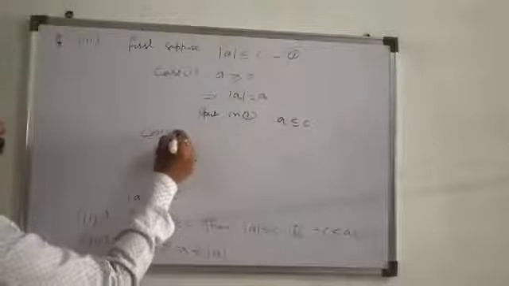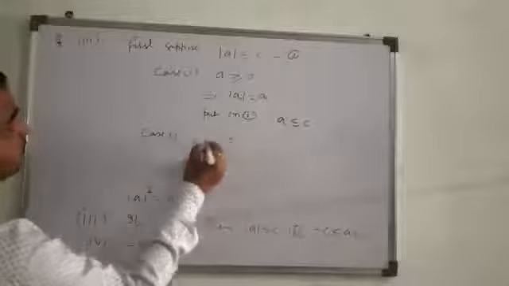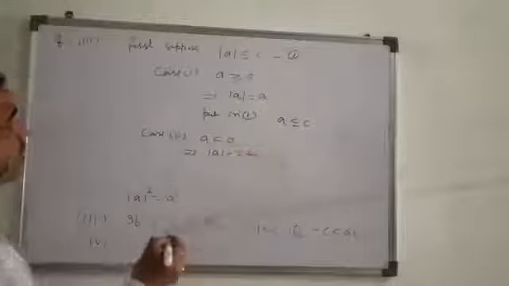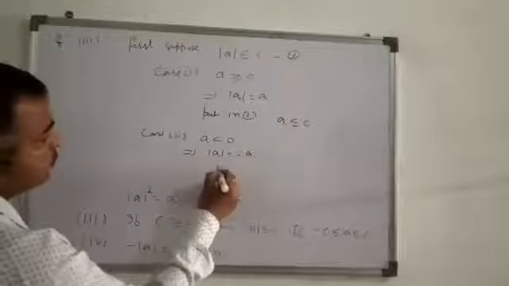Case 2, A negative. It implies mod of A is minus A. So put in 1.